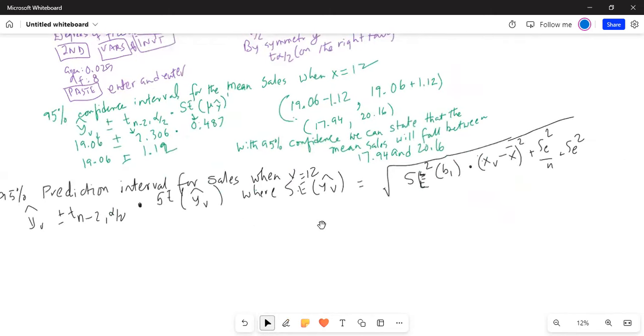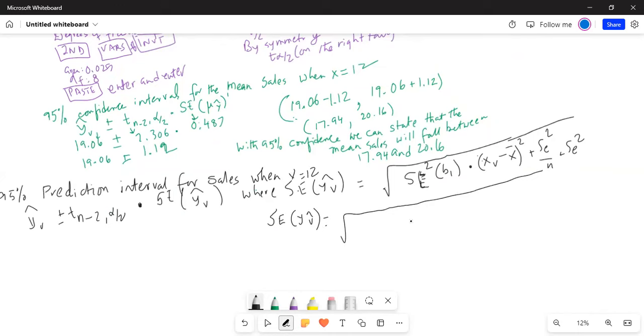Now if I create some more space, we have already determined most of it. So let's do the calculation here. SE, remember, is the standard error for the single value of y predicted for x equal to 12. Most of the terms under the square root we have already calculated.